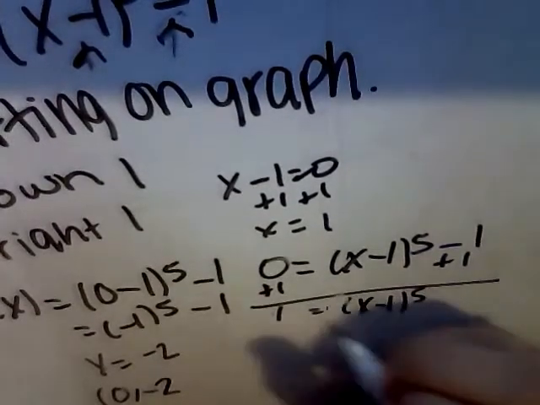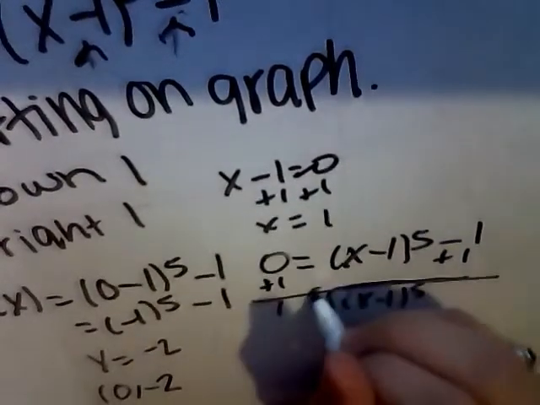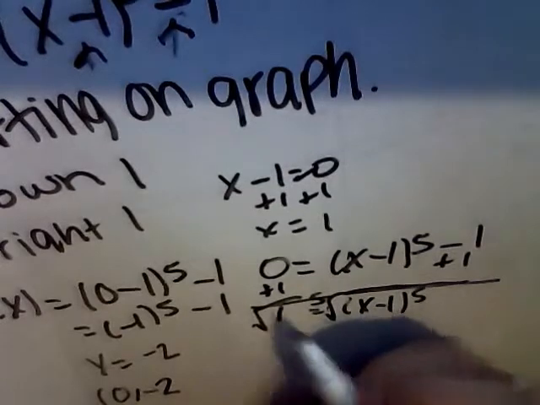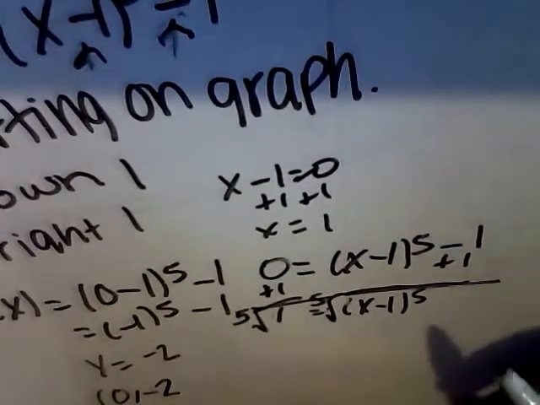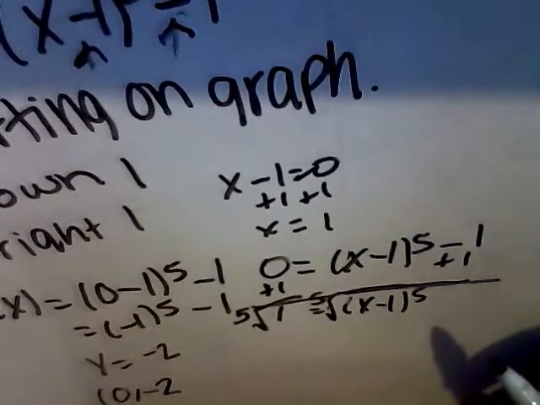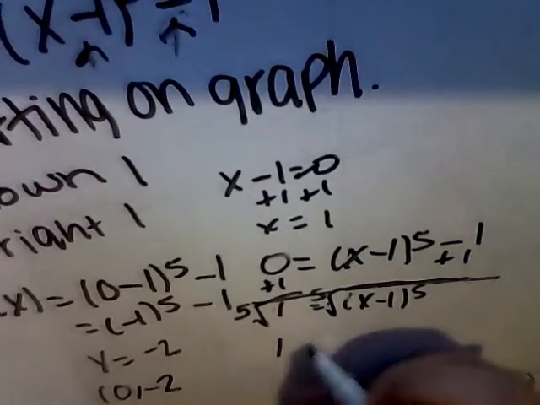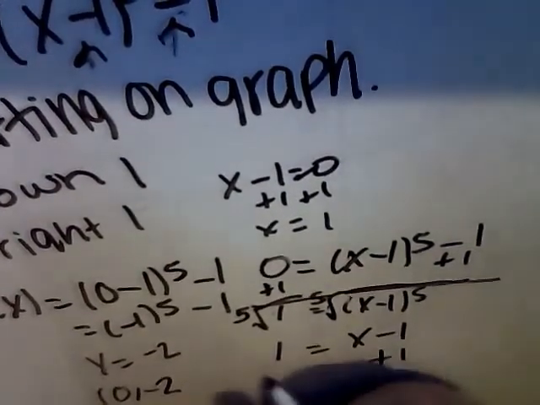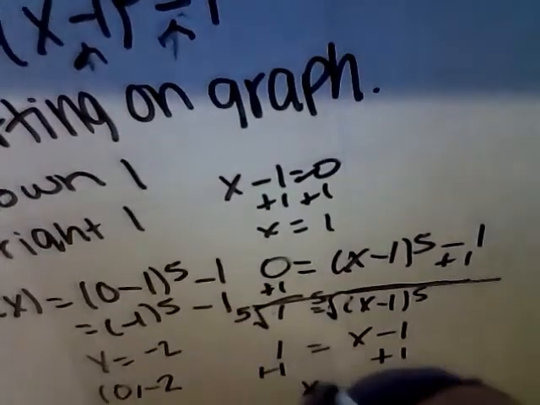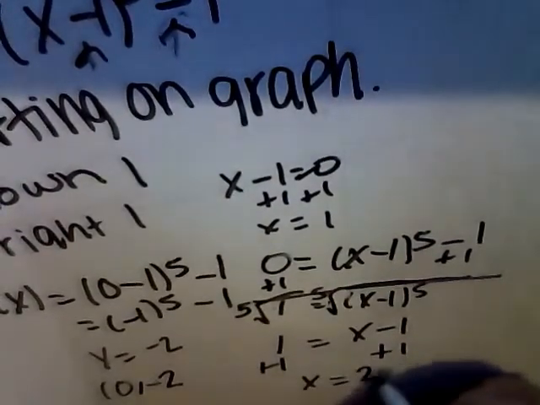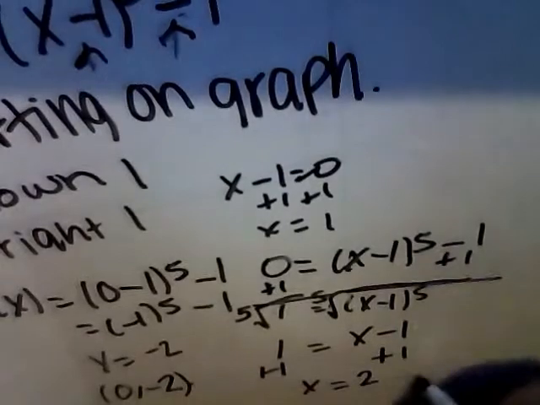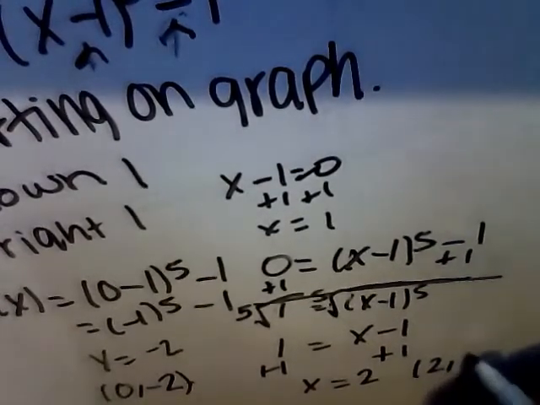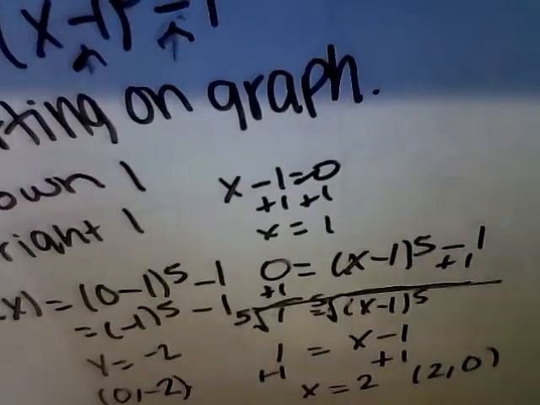We're going to fifth root it. And this is still going to be 1. This is going to be x minus 1. Add 1 to both sides. X equals 2. So the intercept for this one is 2, 0.